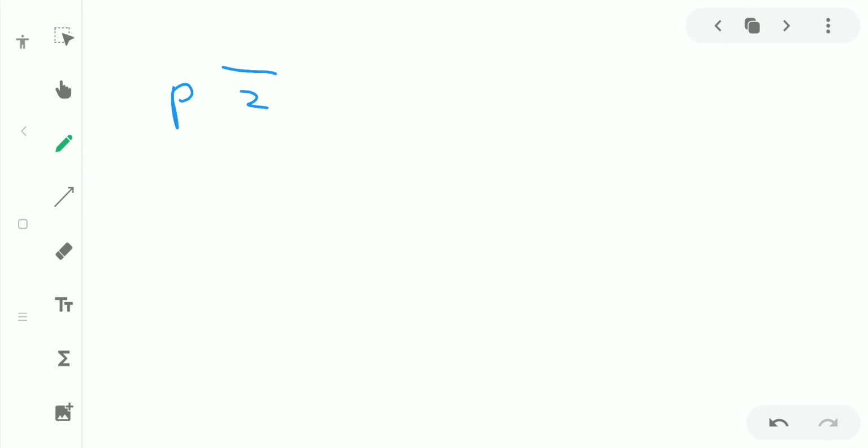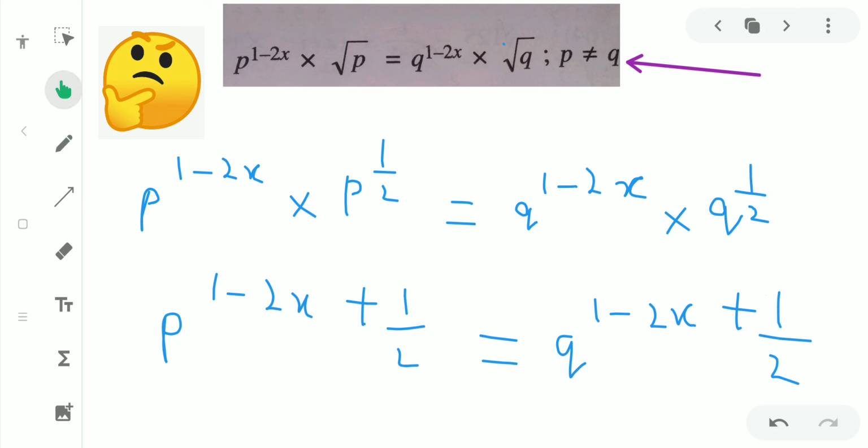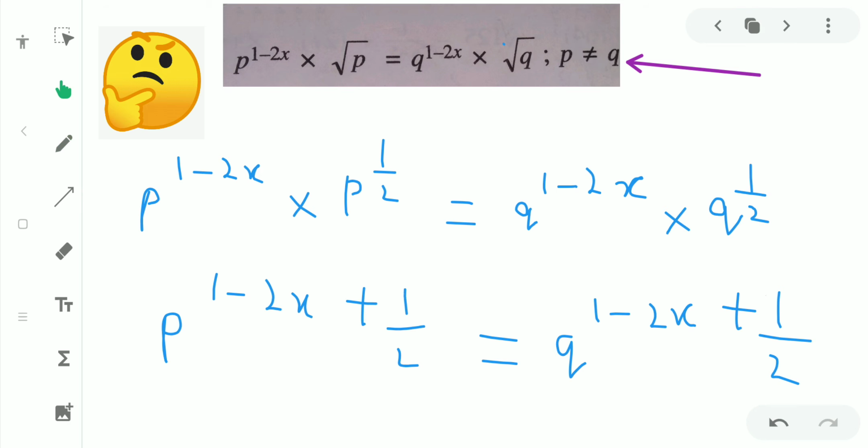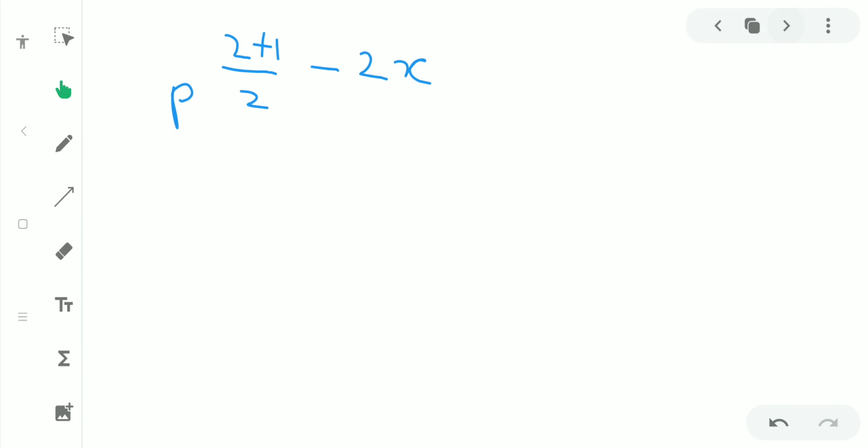On taking LCM 2, we will have 2 plus 1. Here LCM, this will be 1 and 2 multiplied with 1 nothing but 2. We will have minus 2x remaining, and which is equal to q power 1 plus 1 by 2, nothing but 3 by 2.